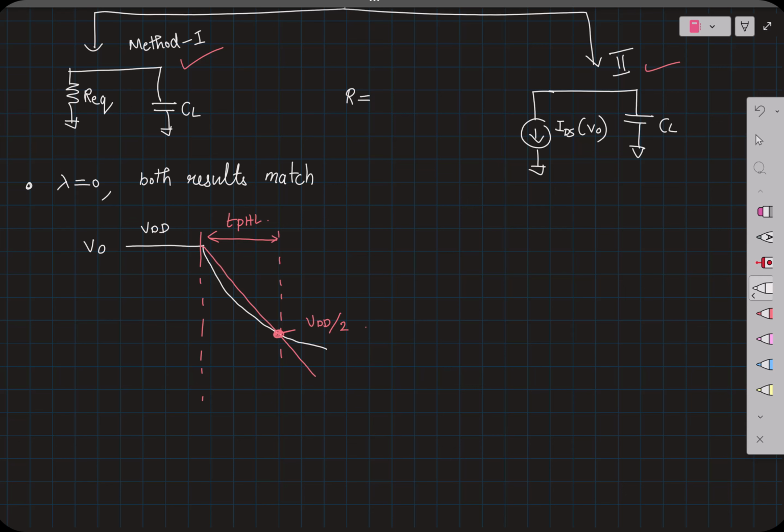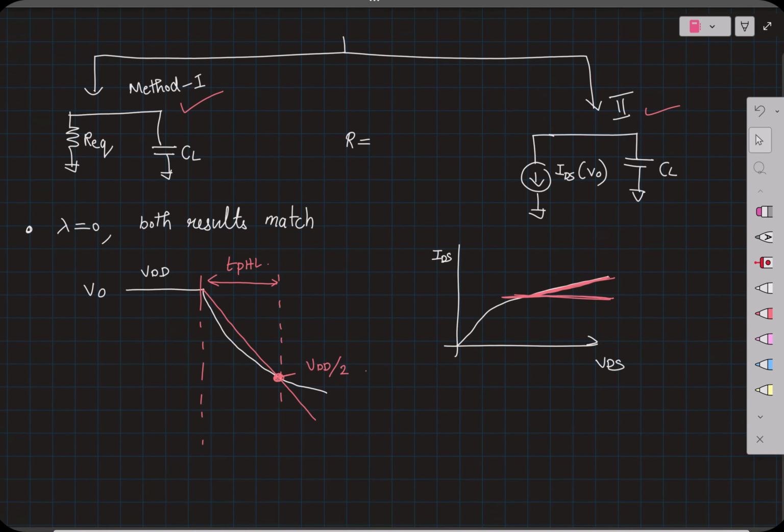That will mean that we are doing nearly constant current. That doesn't mean that we are drawing nearly constant current, right? If you are not ignoring the channel length modulation, the current value is going to change. The current value is not constant, it has a variation. If you make lambda equal to 0, then the current is constant.